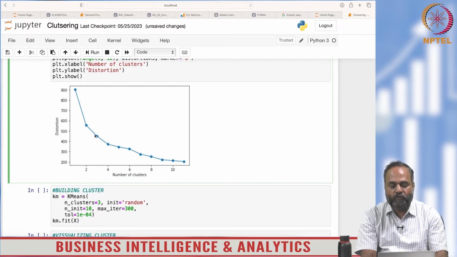So what is the elbow point of this curve? Maybe you can take it as 4, or 3 or 5.